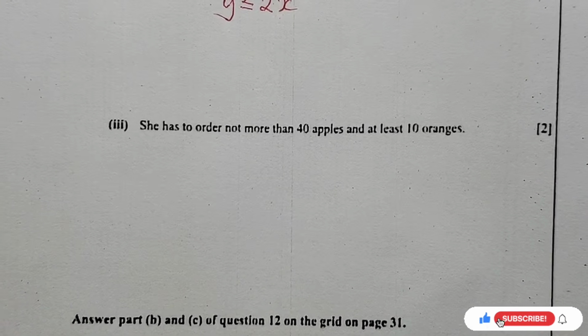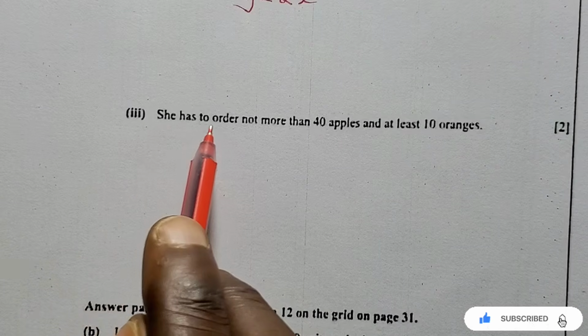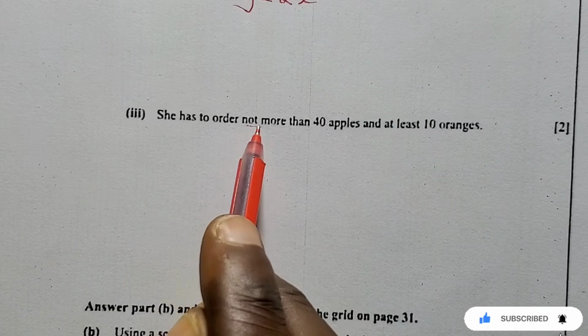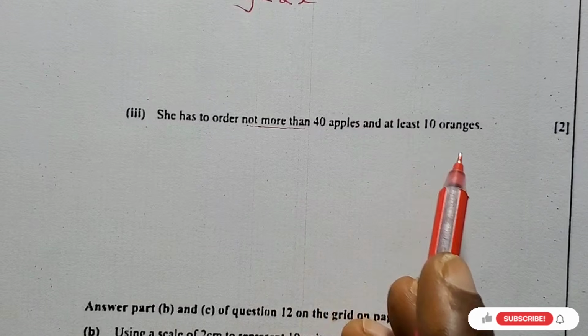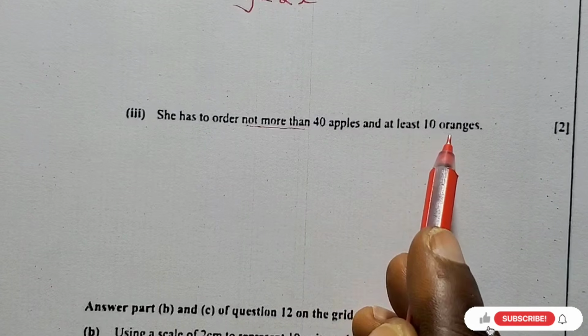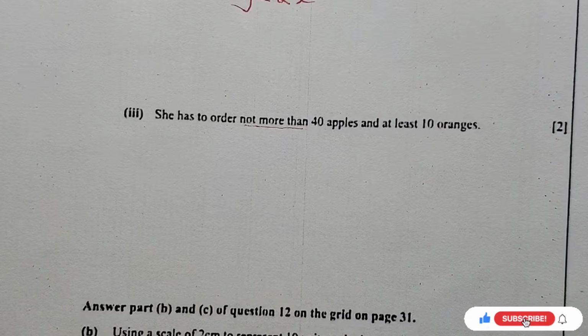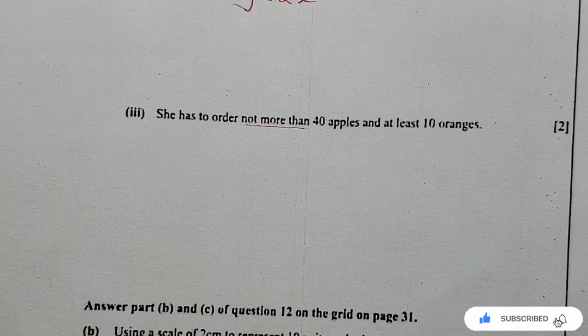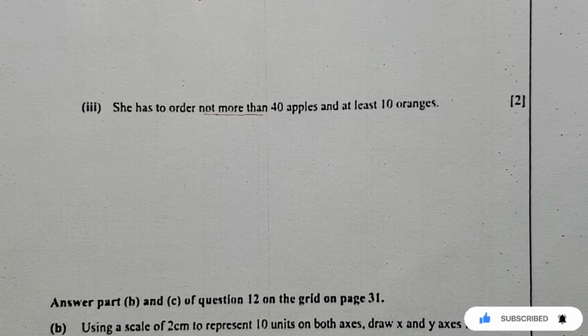The next condition is saying she has to order not more than 40 apples and at least 10 oranges. So here we have two inequalities.